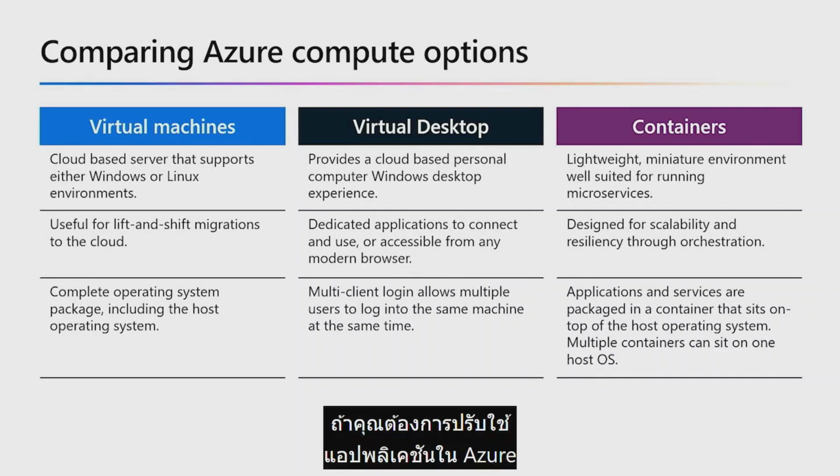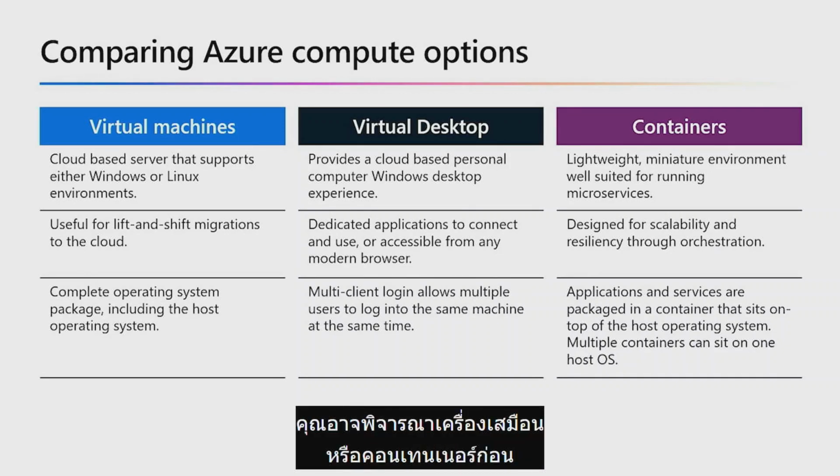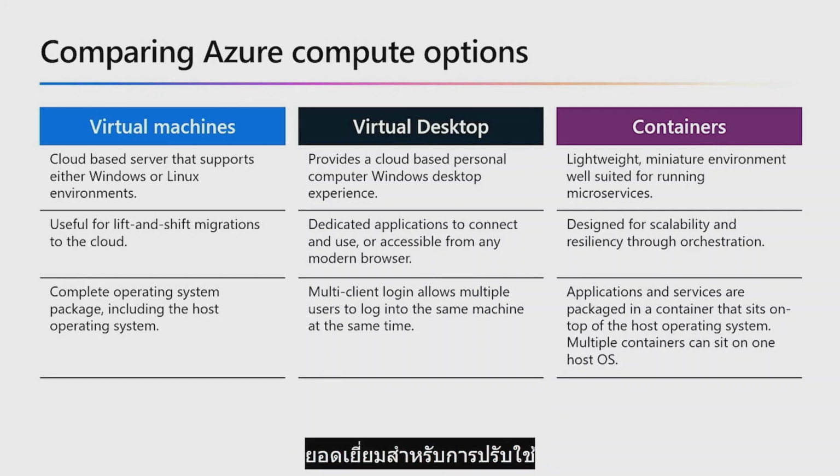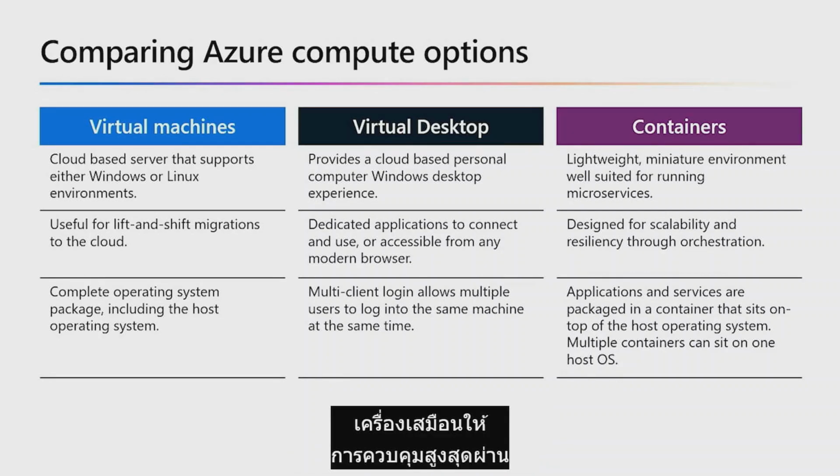If you need to deploy an application in Azure, you can first consider virtual machines or containers. Both virtual machines and containers offer excellent solutions for deployment. Virtual machines provide maximum control over the hosting environment and precise configuration.